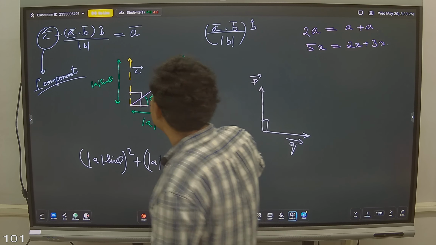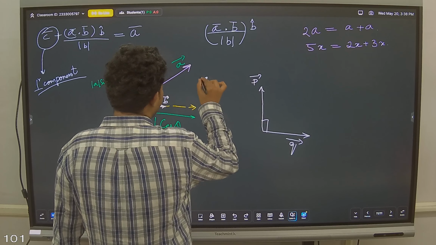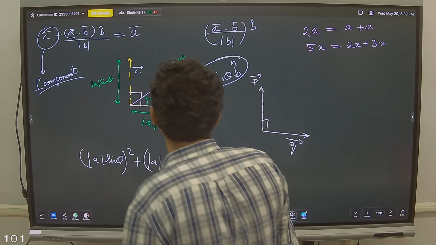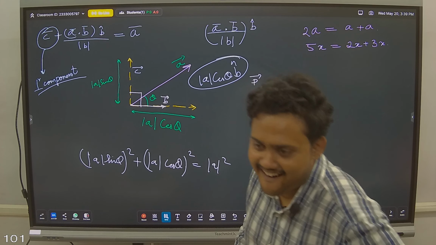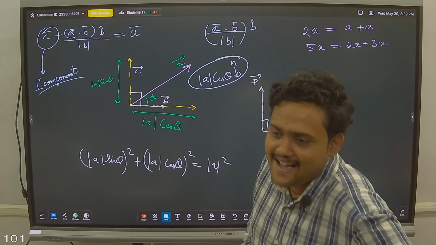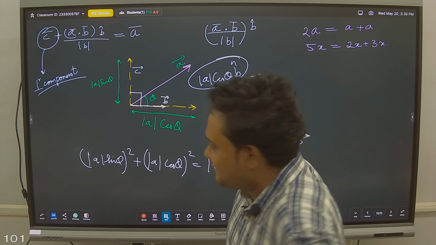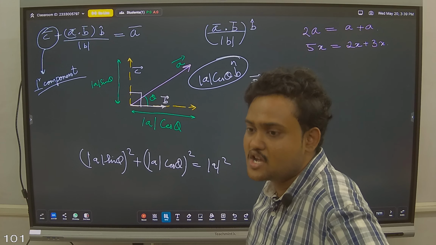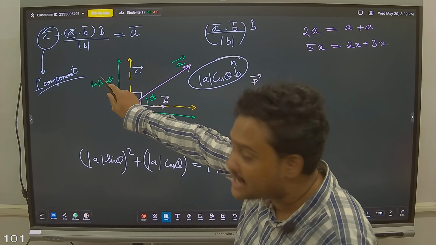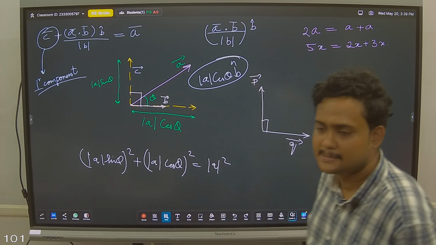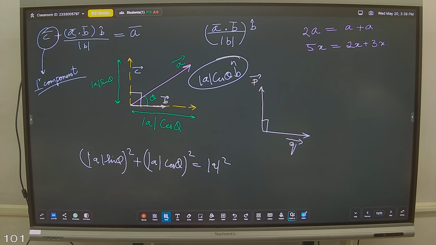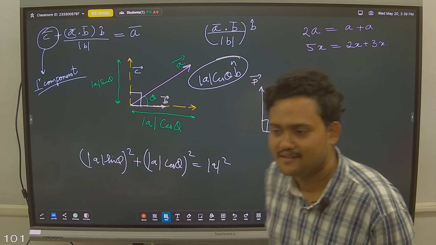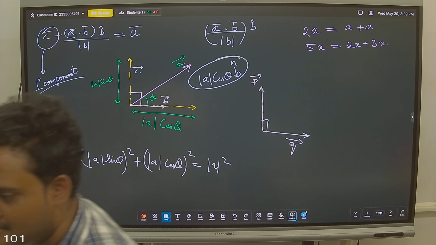So essentially, we want mod A cos theta B cap, right? Why did we add C vector and that to find A vector? We're not trying to find A vector, we're trying to find C vector. Okay, why are we finding C vector? That is the question. That is the perpendicular component. So we have to find the perpendicular component.